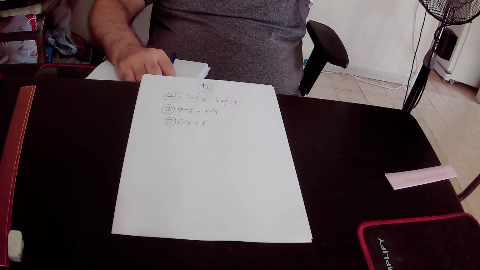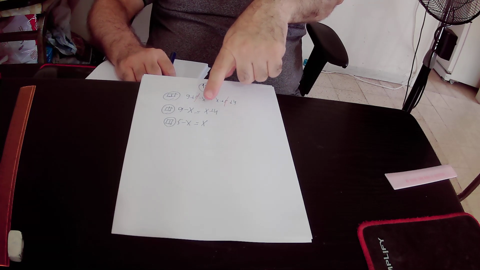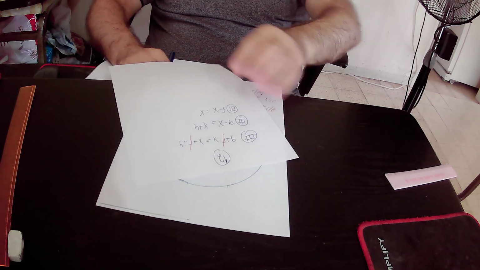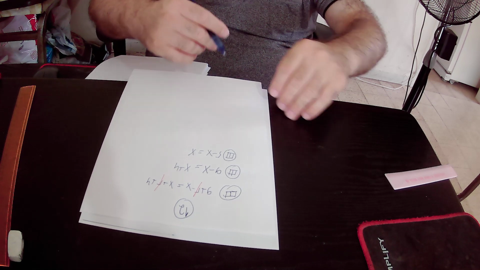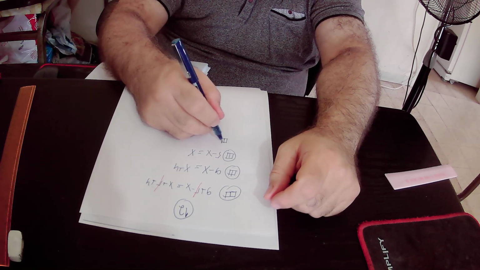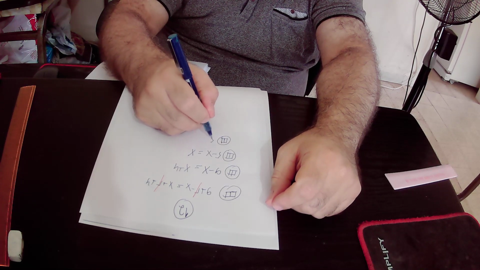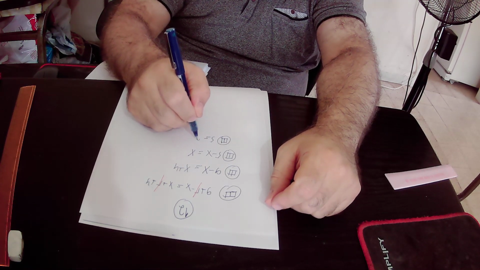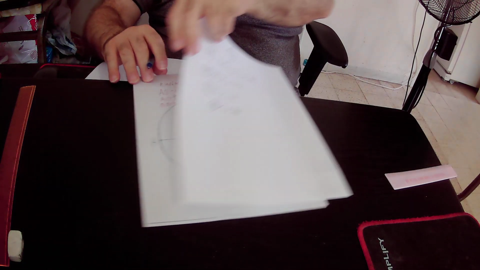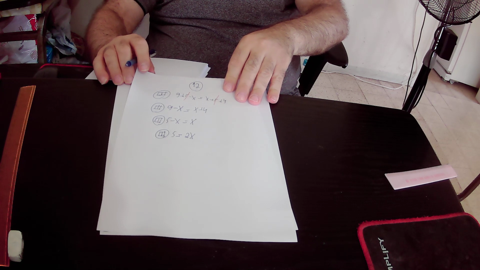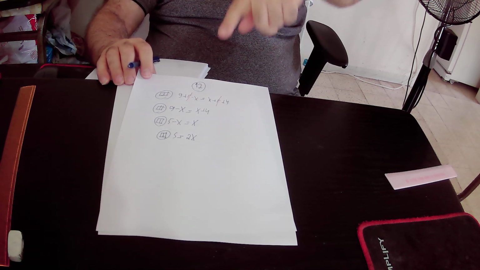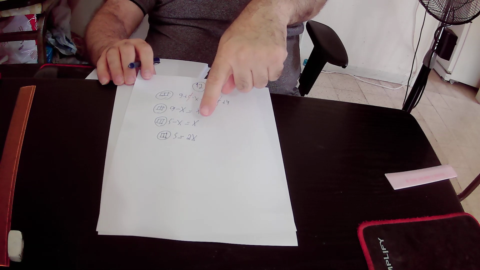Here we will add x to this equality, and we will get that 5 equals 2x. Okay, we got that 5 equals 2x. Here we will divide this equality by 2 in order to get the value of x.